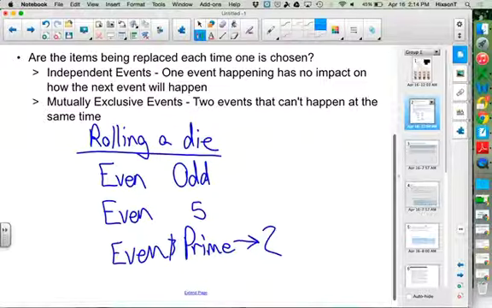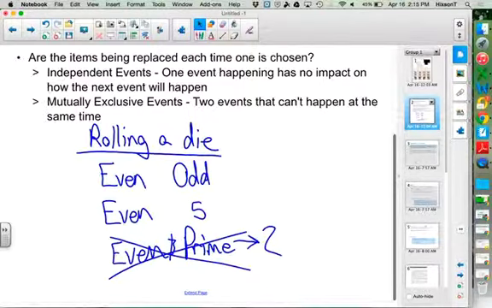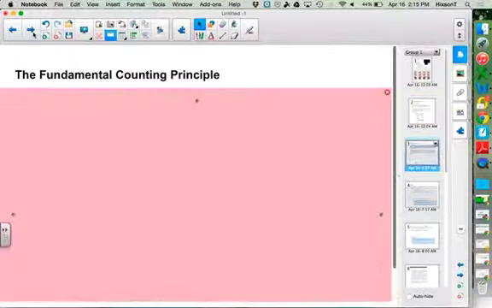No. These would not be mutually exclusive because it's possible for both of those to happen at the same time. So, those are some of the basic terms related to probability, but we've got to make sure we understand them so we can count things right and calculate probabilities correctly as well.